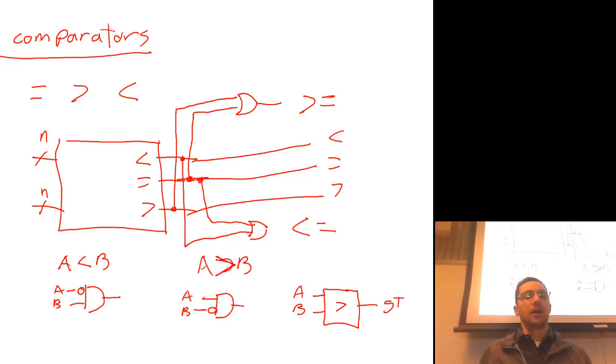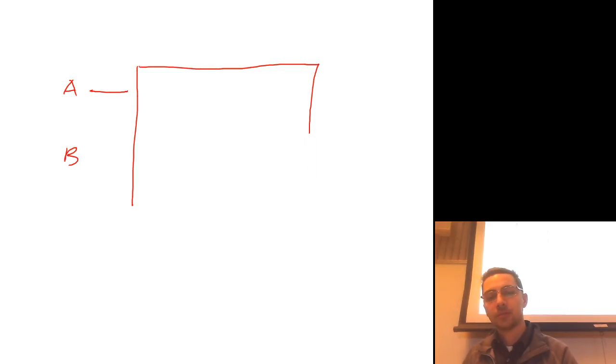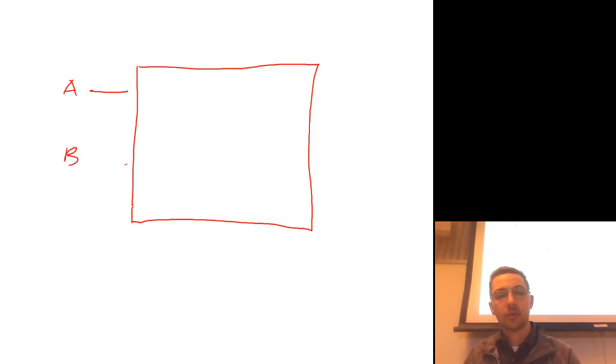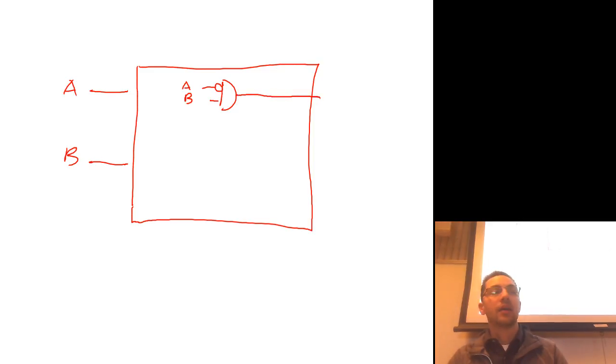Okay? In fact, you could build a single bit full comparator. I think we'll do that and then we'll call it quits. A single bit full comparator, A, B. To build that, A is 0, B is 1, that's less than.